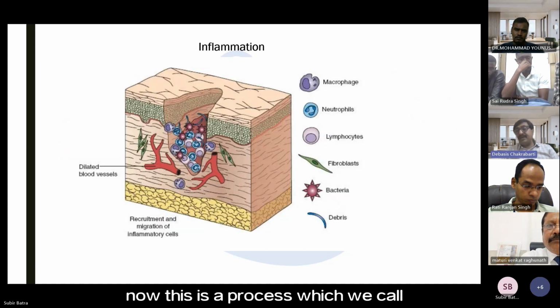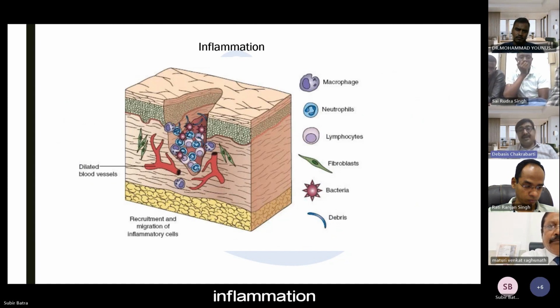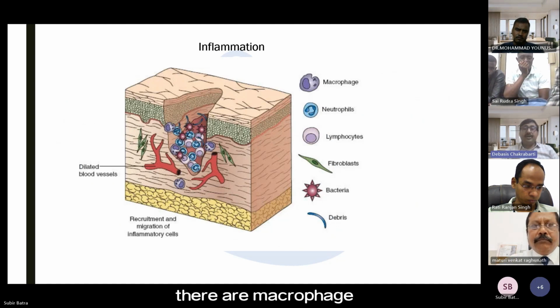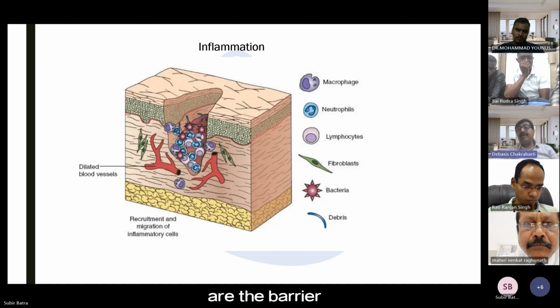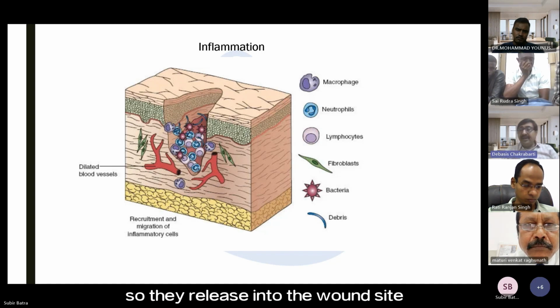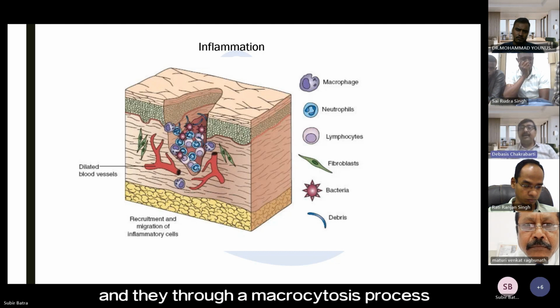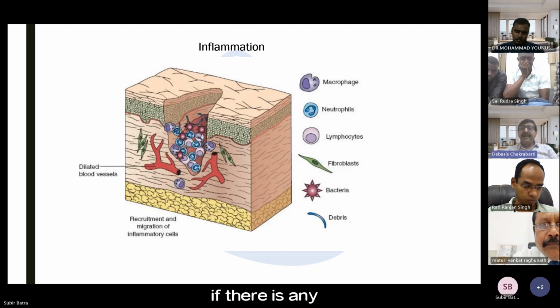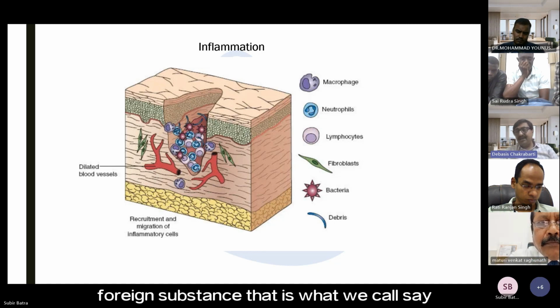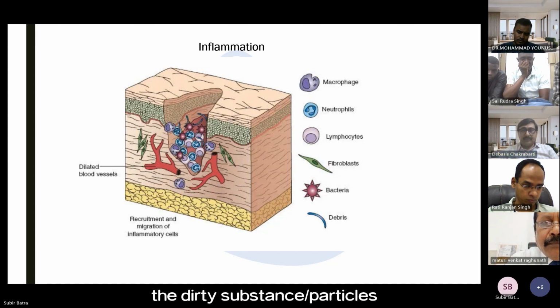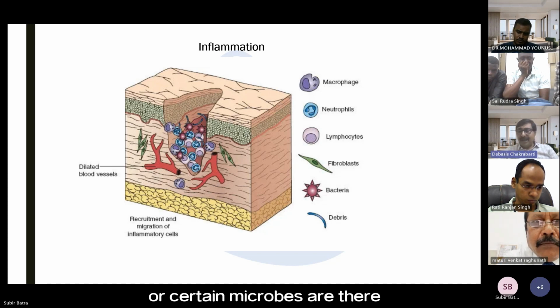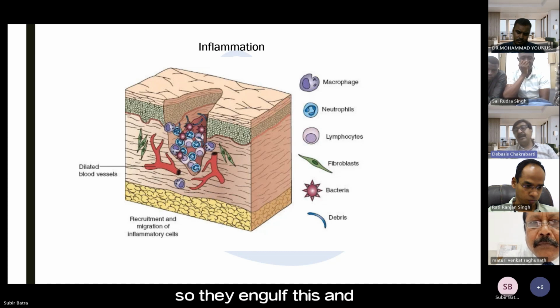Now, this is the process which we call inflammation. You see there are macrophages, neutrophils, and lymphocytes. These three are the barrier of our body, what we call WBCs. They are released into the wound site, and through phagocytosis they engulf any foreign substance, the dirty substance due to trauma, or certain microbes. So they engulf this, and they limit the infections.